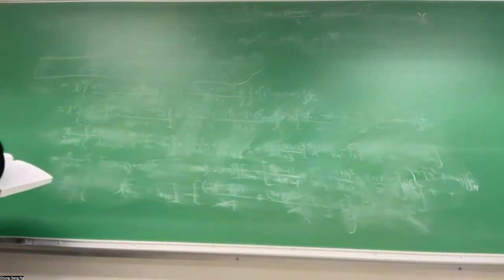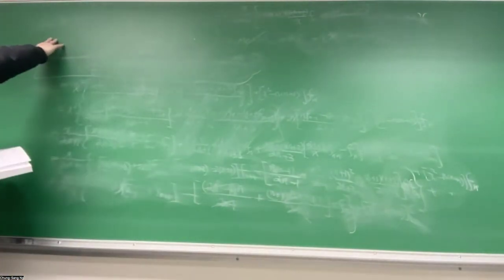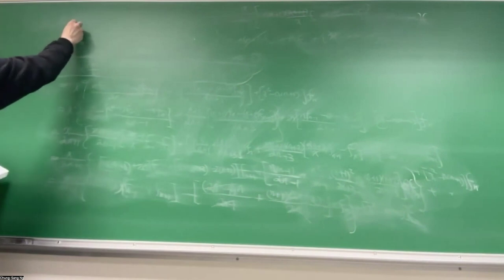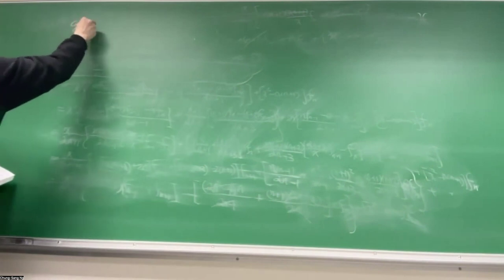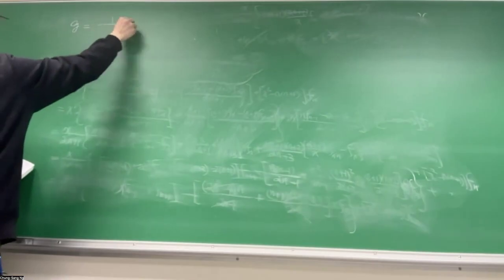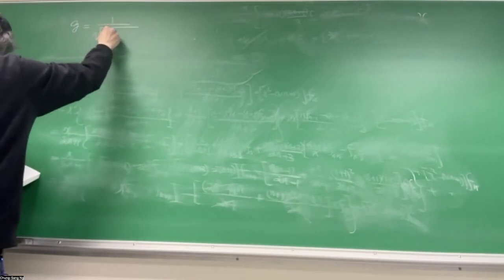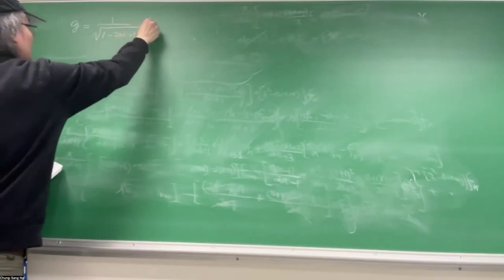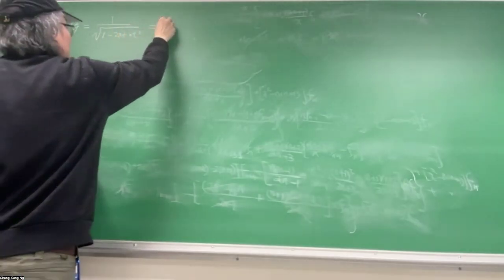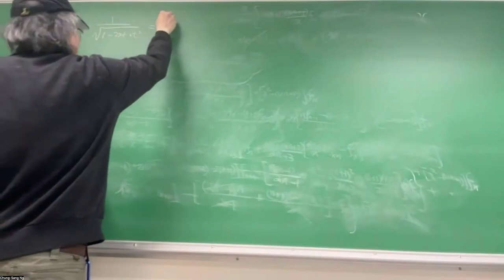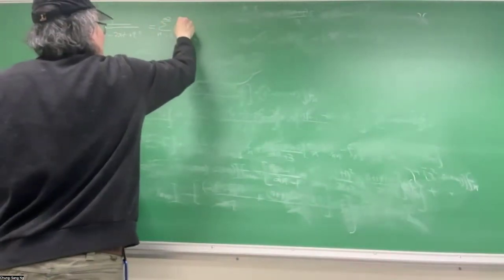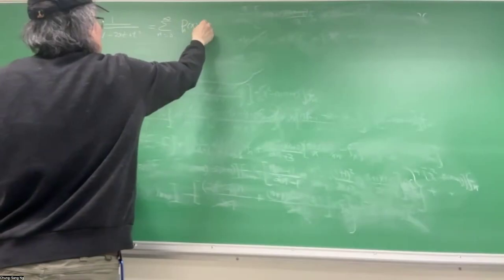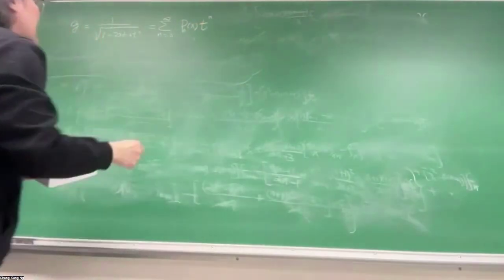So basically, you start with the generating function g equals 1 over the square root of 1 minus 2xt plus t squared, equals the sum over n of P_n(x) t to the power n.